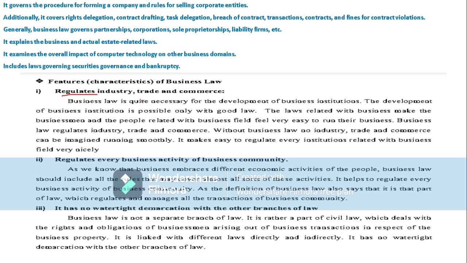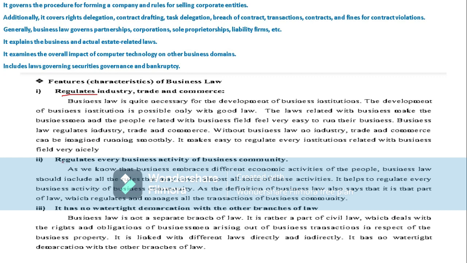So the first feature of business law is regulation, regulating industry, trade and commerce. The development of business is possible only with these good laws. Without business laws, businesses may not run smoothly.